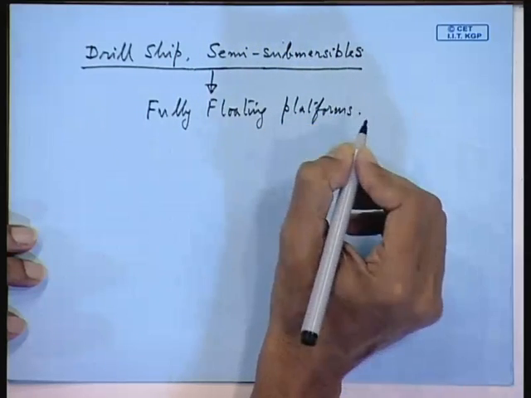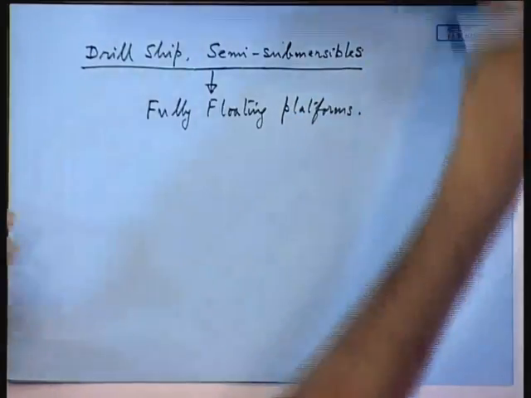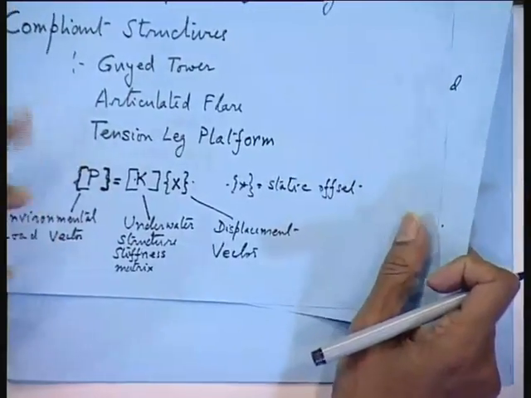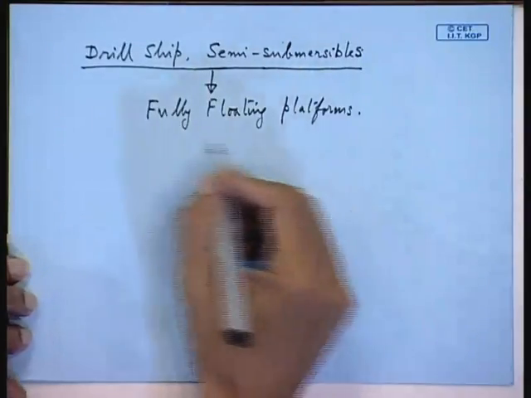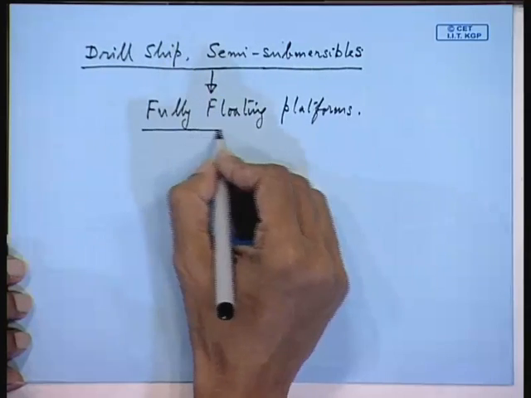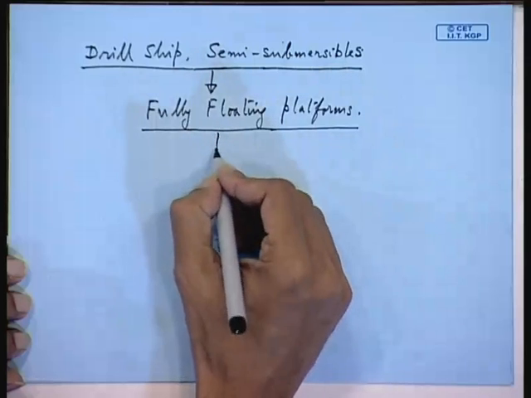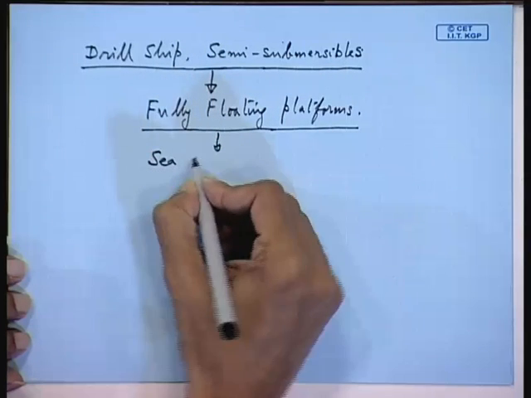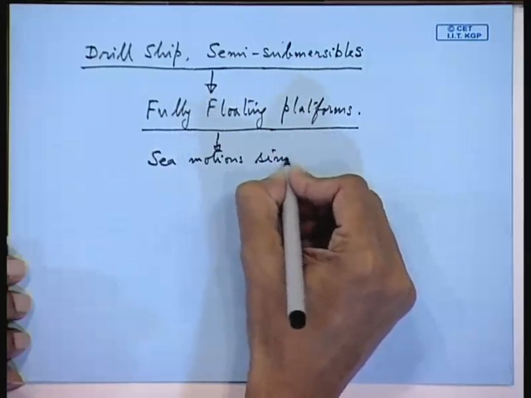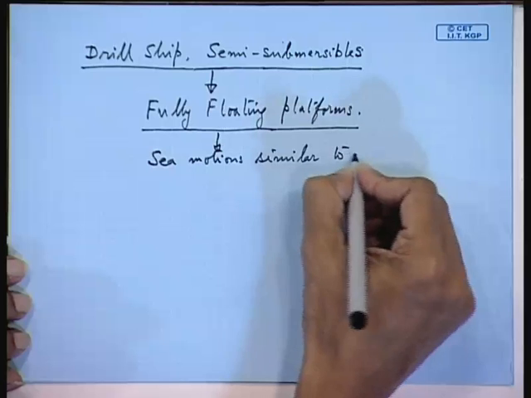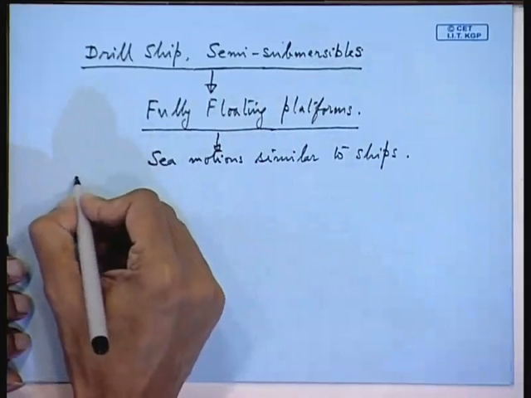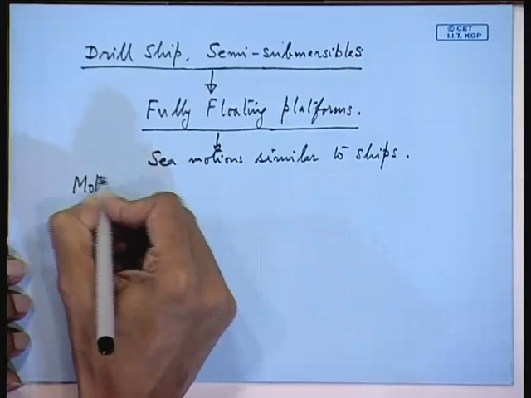So, you have no business with this P is equal to kx. So, that means the structure will behave like a ship. So, this is no more the case, behavior similar to ships. So, sea motions similar to ships. So, that means in the fully floating case, motions will be large, motions quite large.